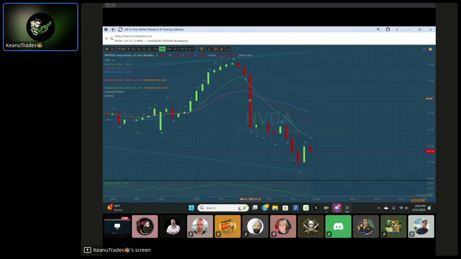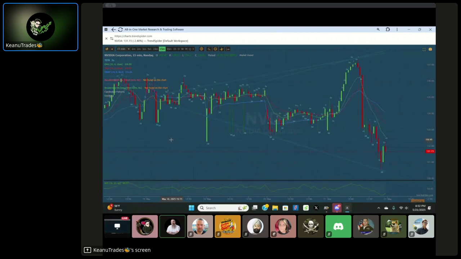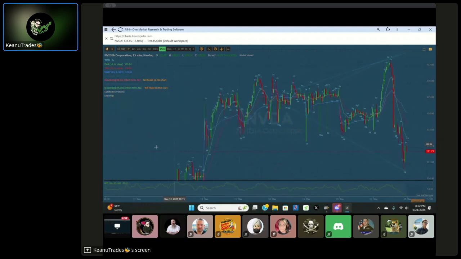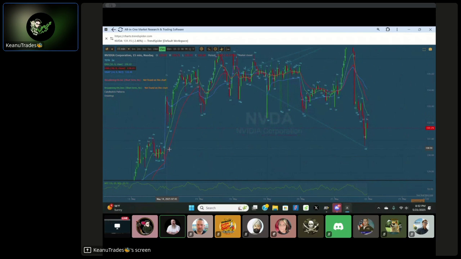Look at this, a big sell bar through that whole range right there. And now we've come clear through this range, and we're below this one. Look at where we're at right here. Well, I guess we filled that gap tonight right there, didn't we? But still, filled the gap here.